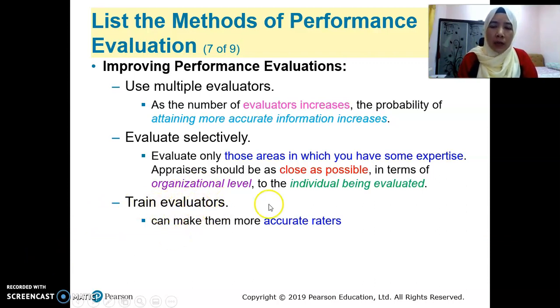Training can make them more accurate in giving ratings to the employees, because the information they give regarding the employees is very important, as it will determine whether the employees will receive promotions, be terminated, or be transferred to other branches or departments. So the consequence of performance evaluation is significant. It is important to train the evaluators in order to give fair and accurate evaluations.